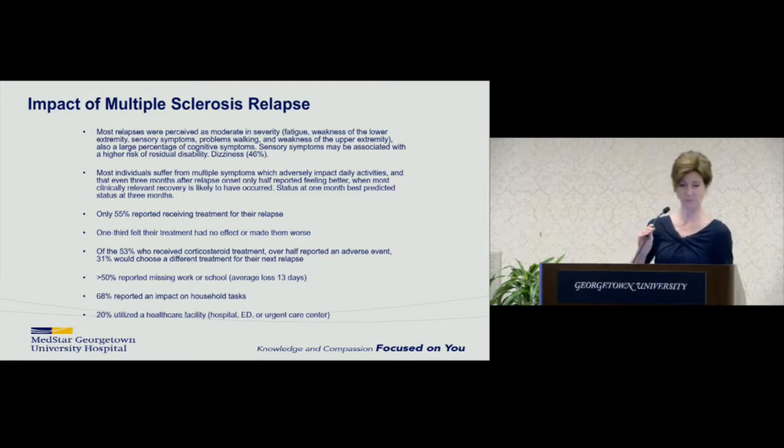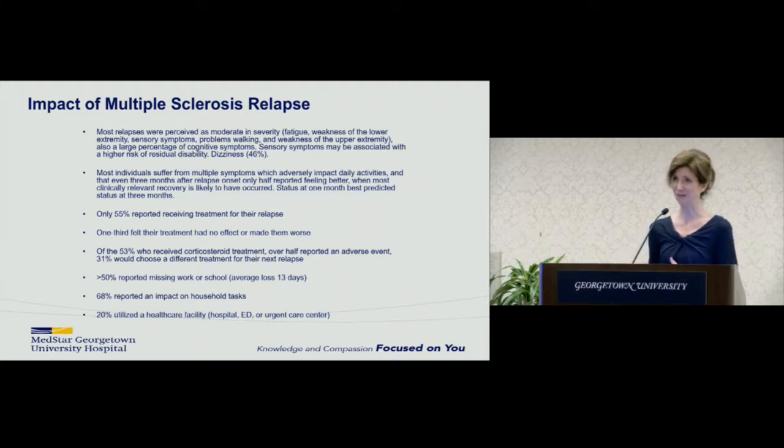And we see that patients stated that most perceive their relapses as moderate in severity, and symptoms seem to range from fatigue, weakness of the lower extremity and sensory symptoms, problems with walking, and weakness of the upper extremity were rated the highest. There was also a large percentage of cognitive symptoms and sensory symptoms, which may be associated with a higher residual disability.